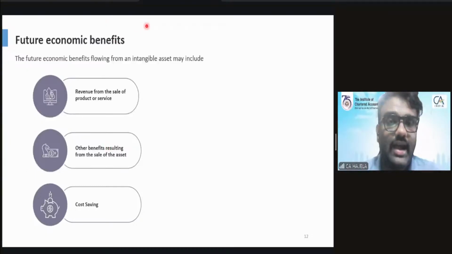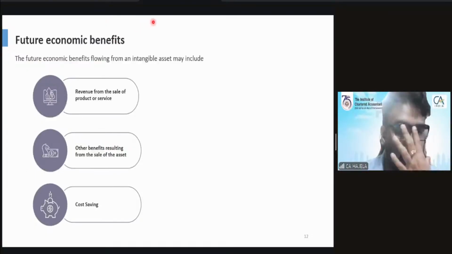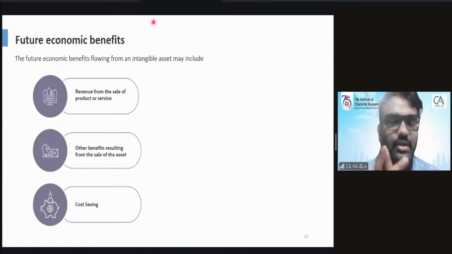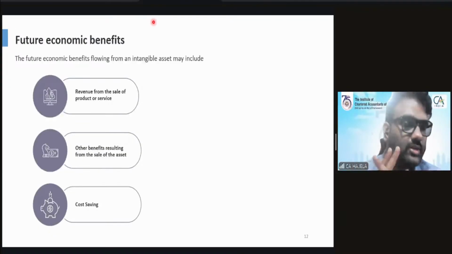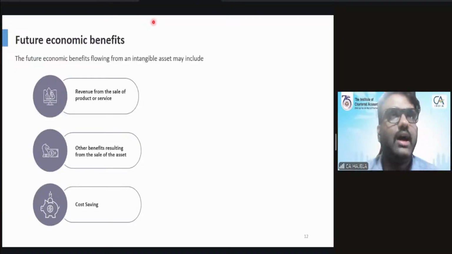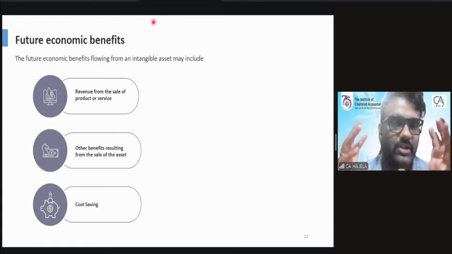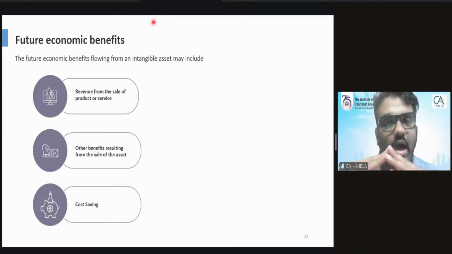Now, let's say I have developed a software or some sort of technology that allows me to reduce the usage of electricity for my production functions. I have a particular know-how, I have a particular patent. By using that particular technology, I can reduce the amount of electricity that I use for my production. All right, let's apply the logic.